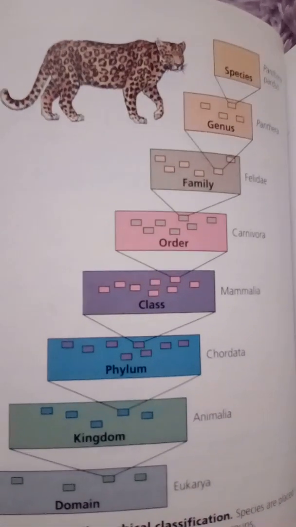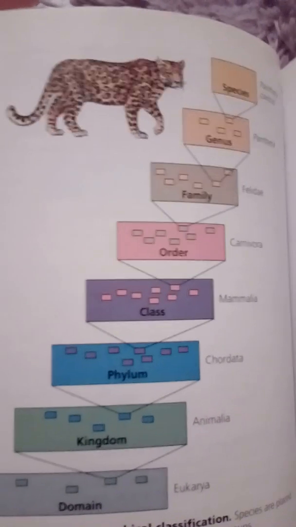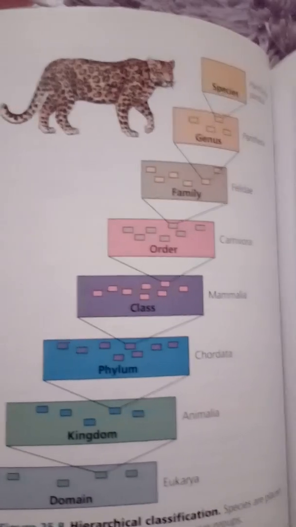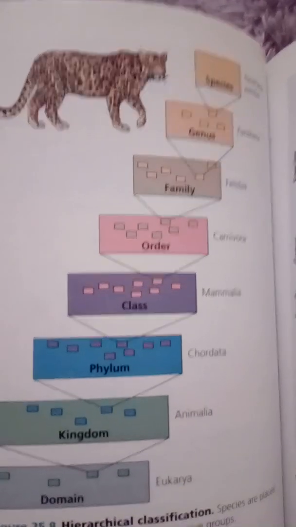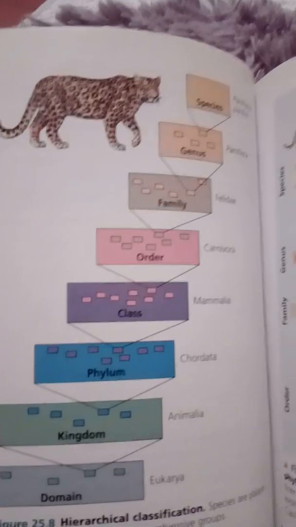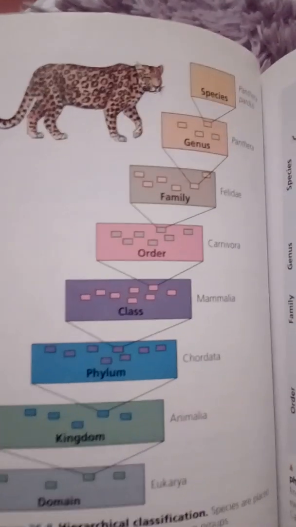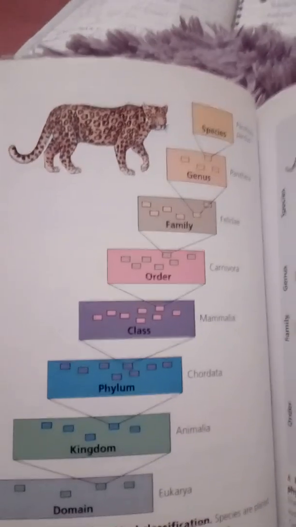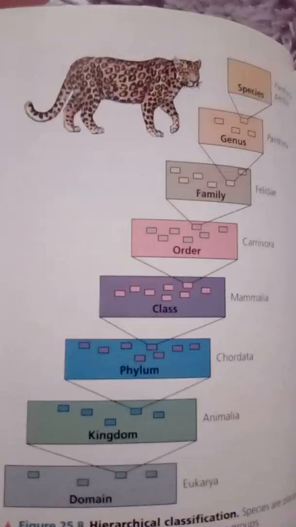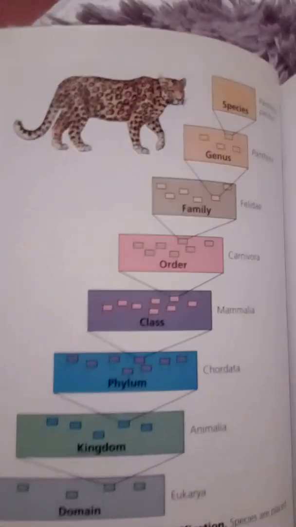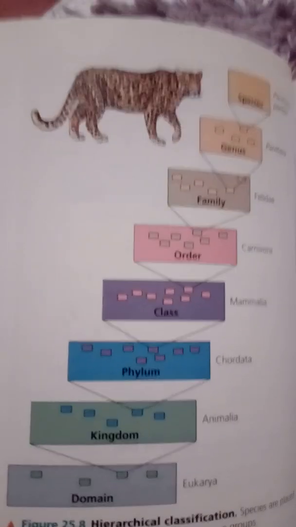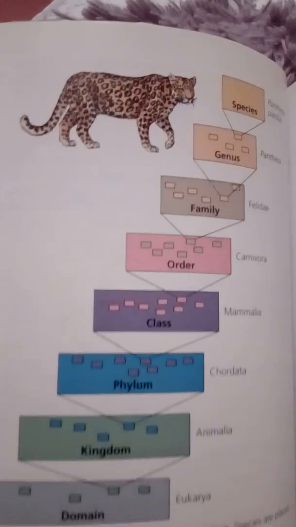Note that taxa broader than the genus level are not italicized, though they are capitalized. The resulting biological classification of a particular organism is somewhat like a postal address identifying a person in a particular apartment, in a building with many apartments, on a street with many apartment buildings, in a city with many streets, in a state with many cities, and so on.